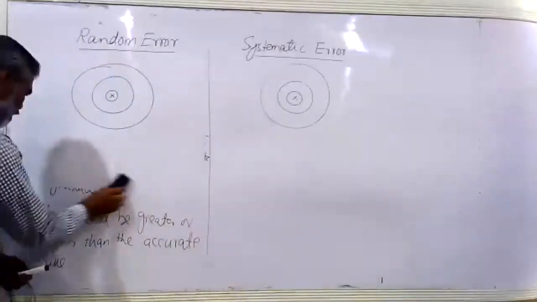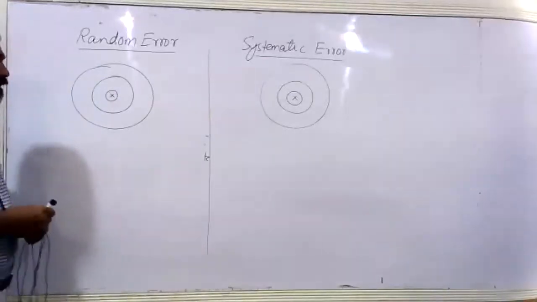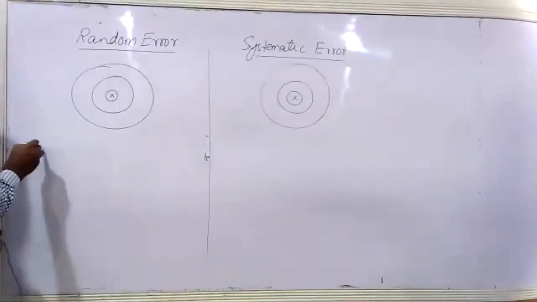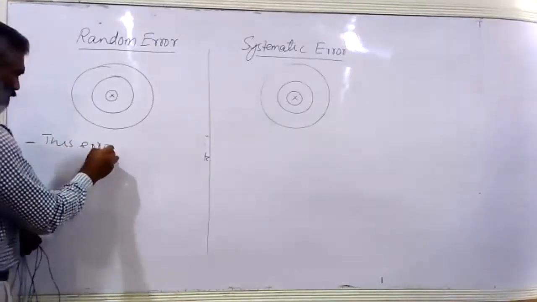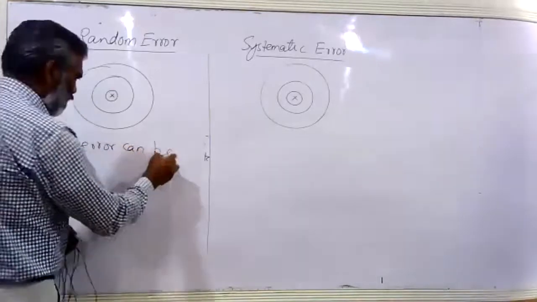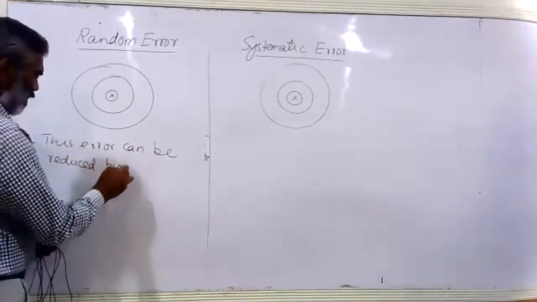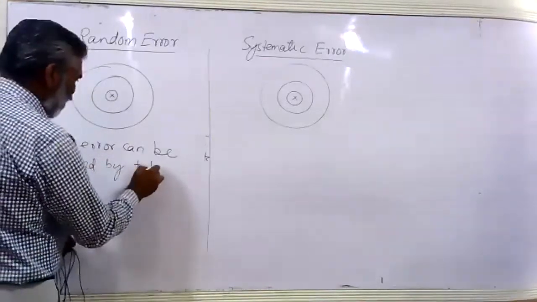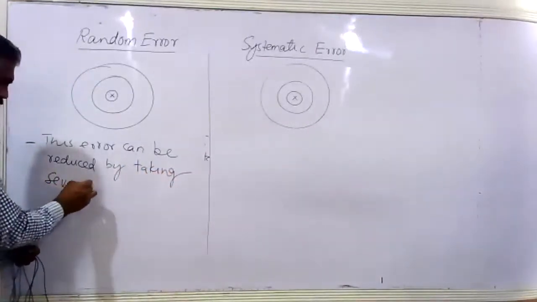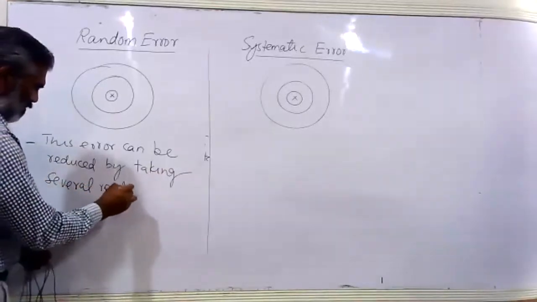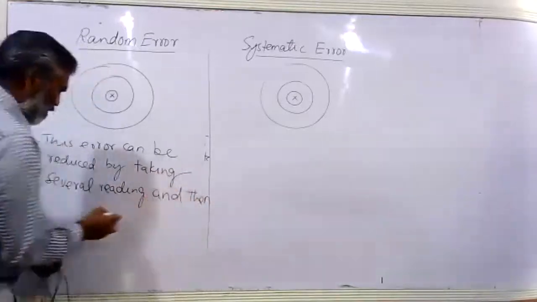Then another aspect: can we reduce random error? Yes, random error can be reduced. This error can be reduced by taking several readings and then averaging them.